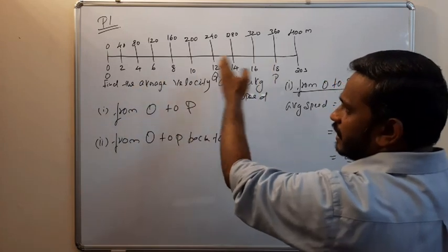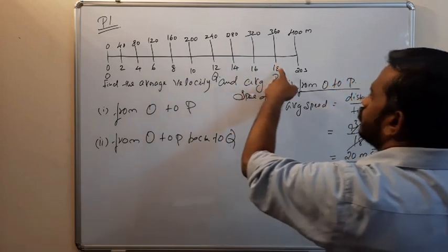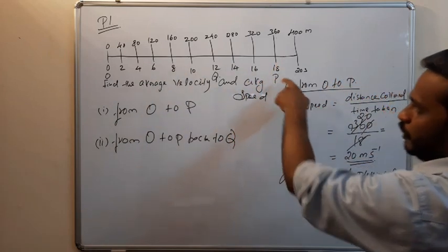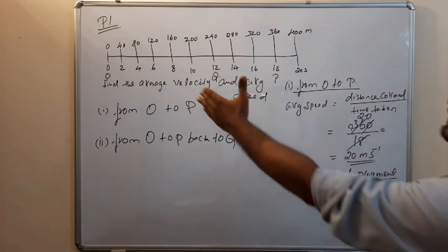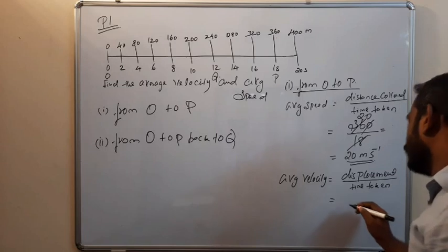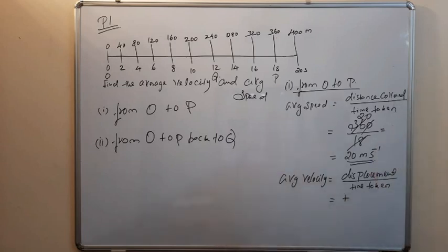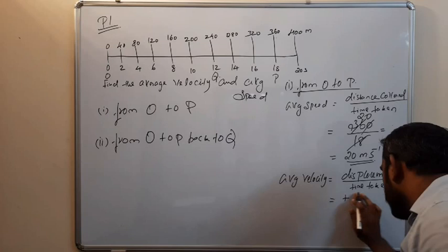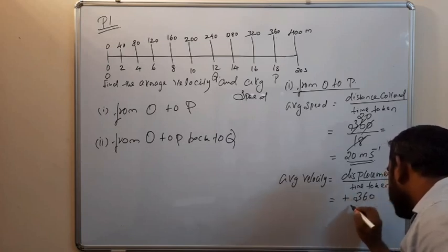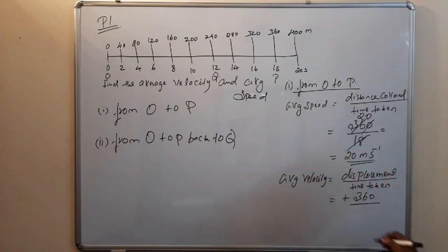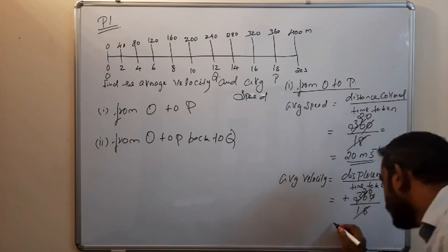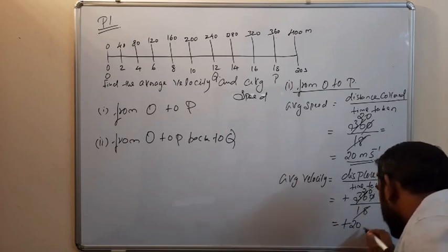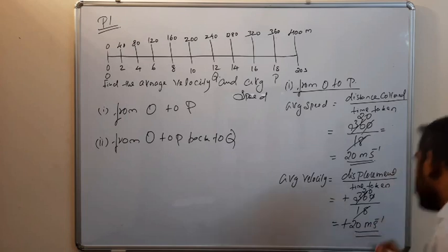From O to this point P. We consider the displacement in the rightward direction as positive, so plus 360 divided by time taken, that is 18. Cutting, that is 20. So that's equal to plus 20 meter per second.